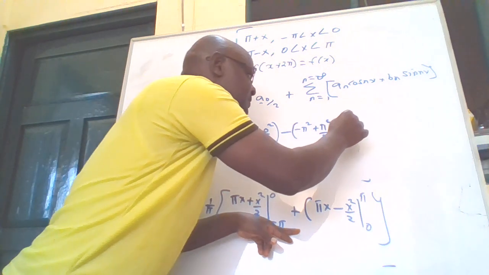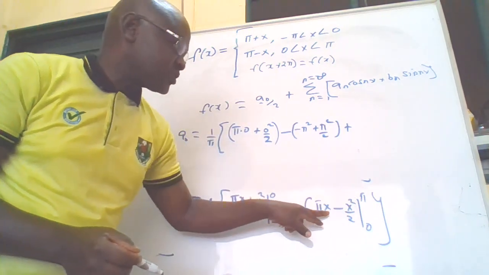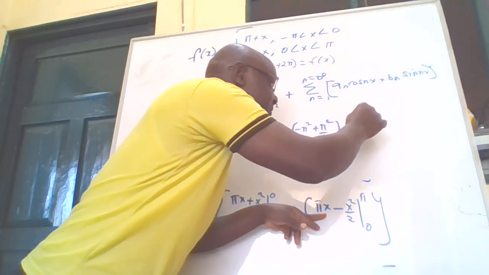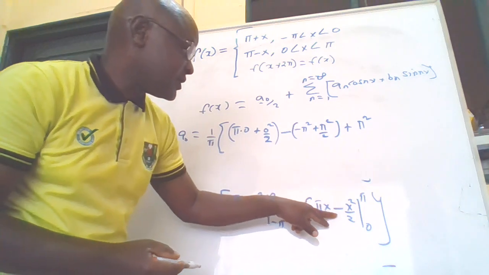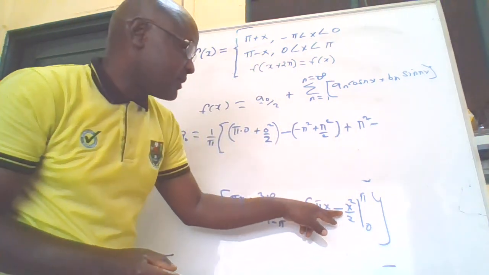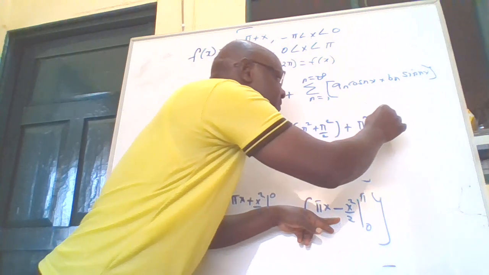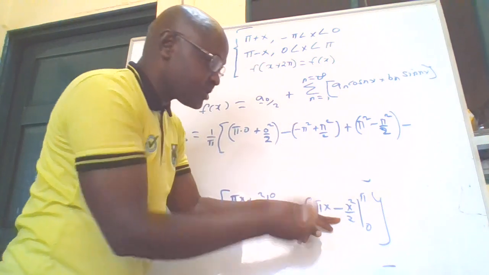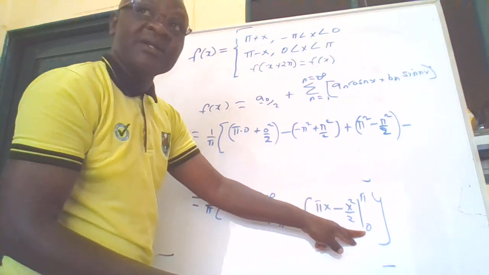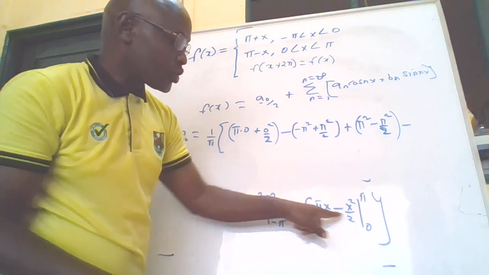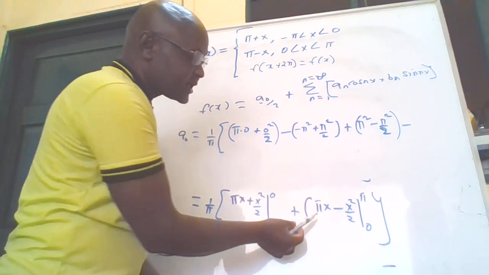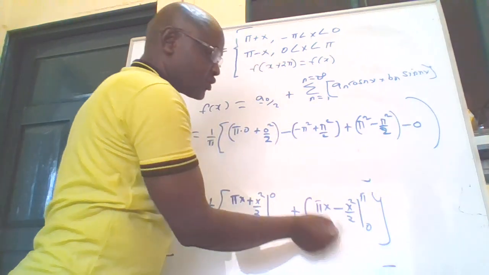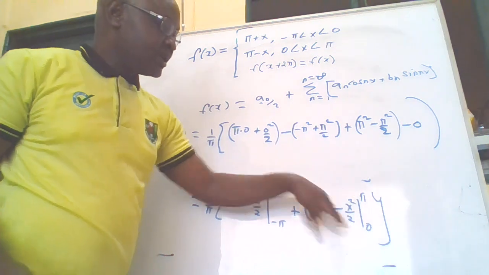Then plus, here we substitute where there is x, we put there pi, so here we shall have pi squared, then minus pi squared all over 2. Then minus, we subtract the lower limit, so when there is x, we put there 0, so you can realize that it will be minus 0, because when you substitute where there is x with 0, everything becomes 0.